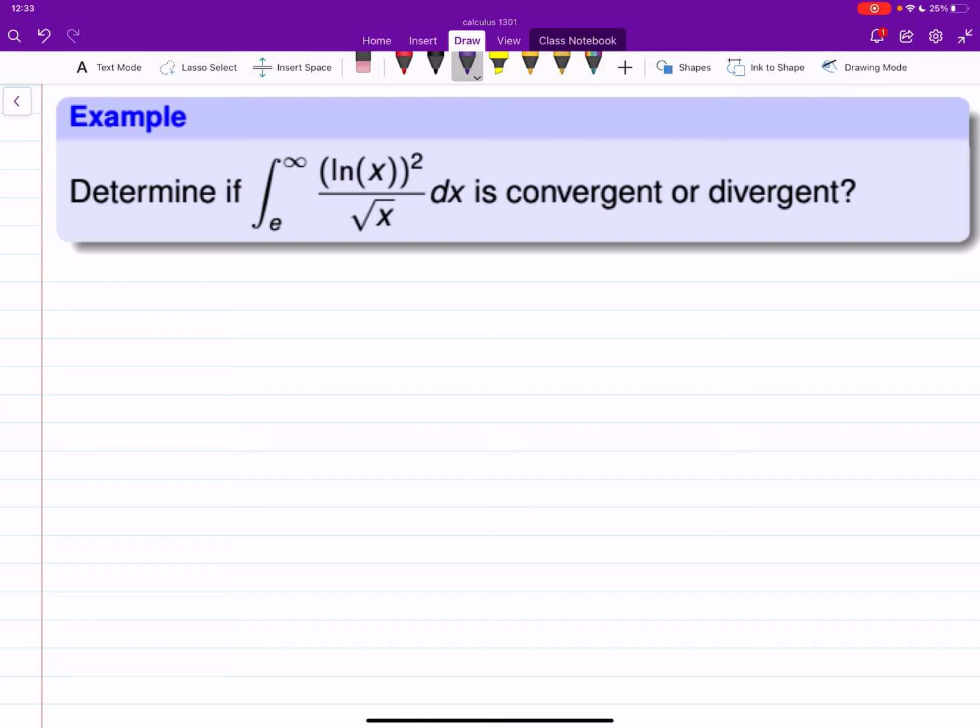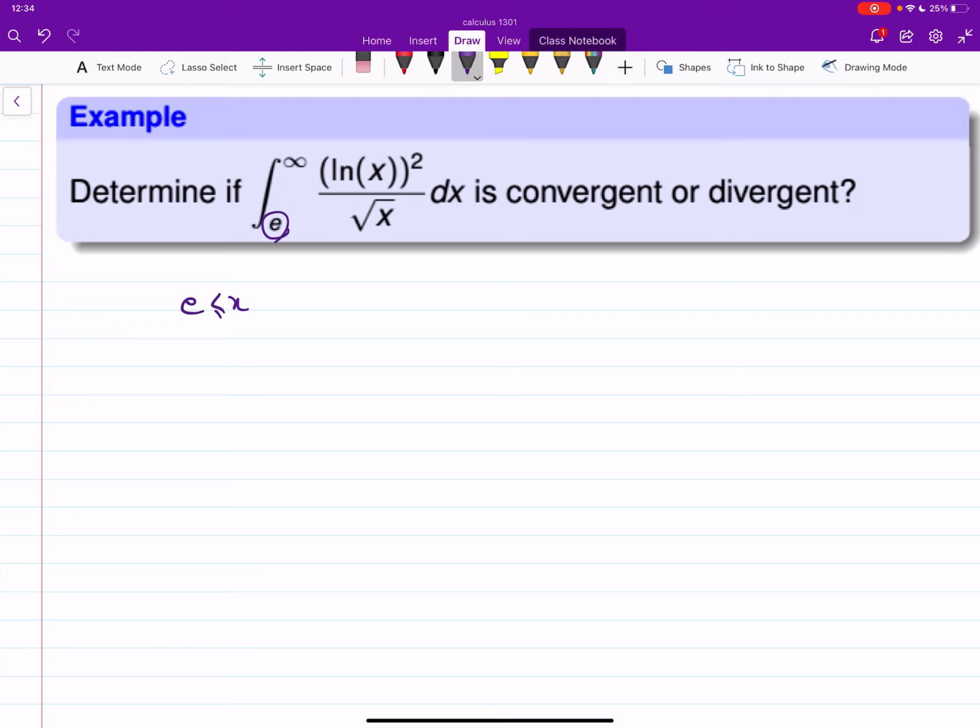The integral of ln of x to the power 2 over root x. You might be able to integrate this one if you know a few tricks here, but indeed you don't need to be able to do that. What you need to know here is that we are working with x bigger than e.